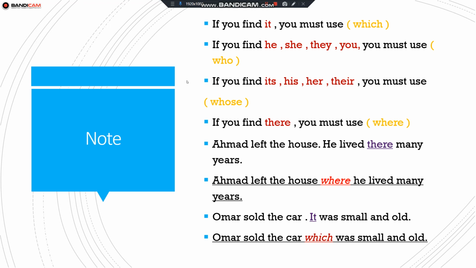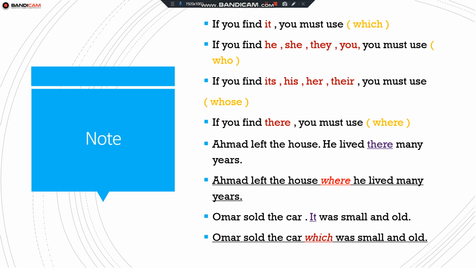Now, now يا شباب, if I give you two sentences and ask you to rewrite the two sentences into one sentence using the relative pronouns, يعني change two sentences into one sentence by using the relative pronouns, what should you do?